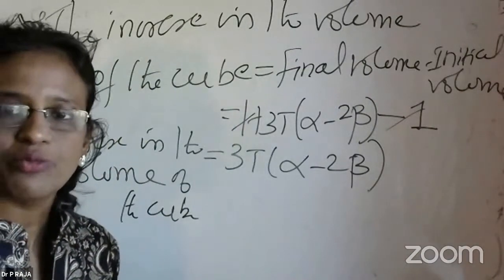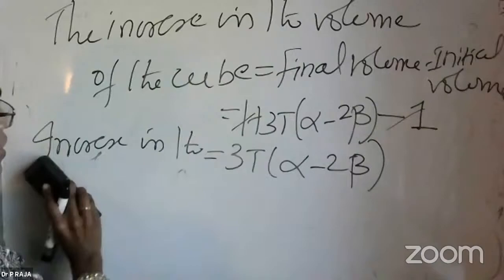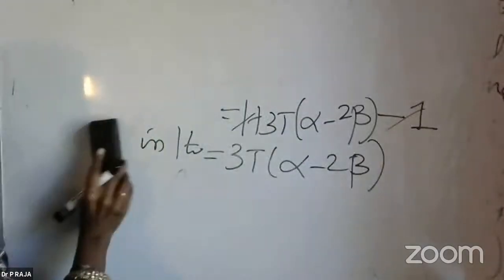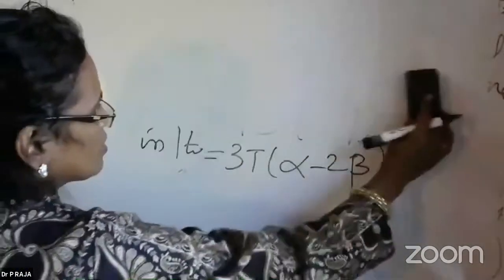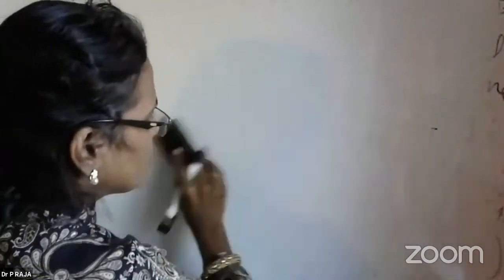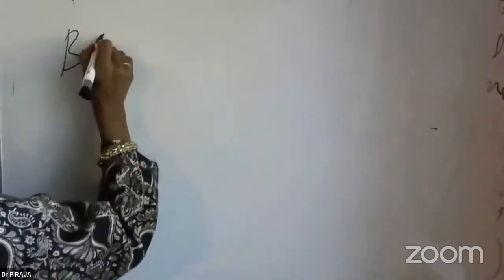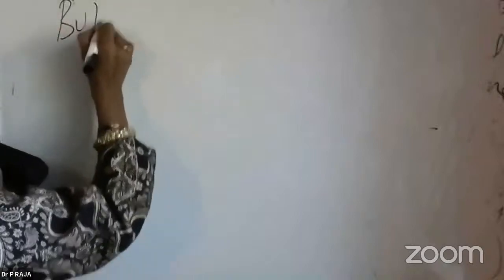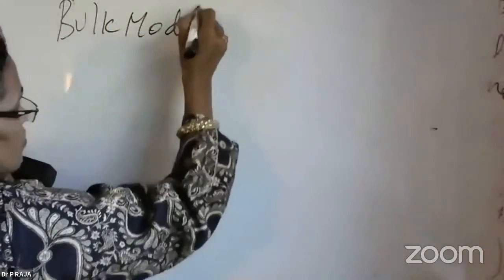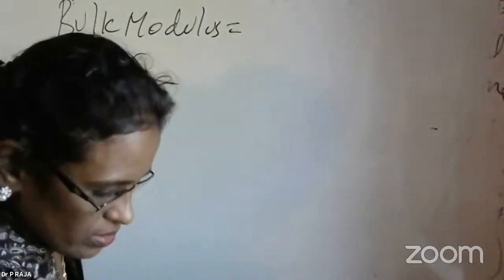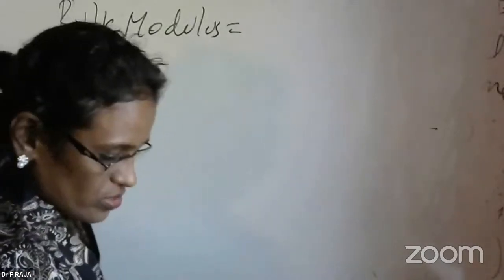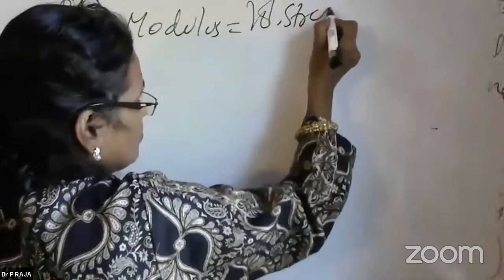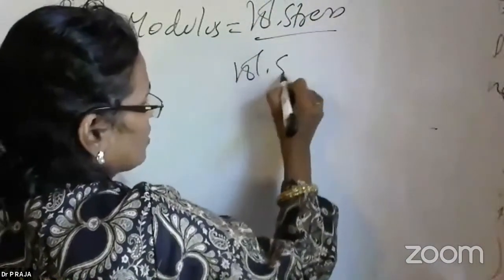So what is our bulk modulus equation? The bulk modulus is equal to volumetric stress divided by volumetric strain.